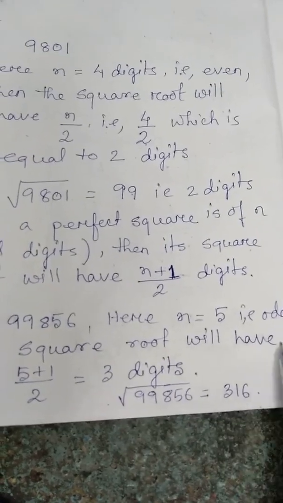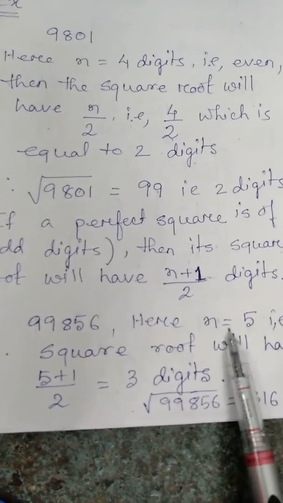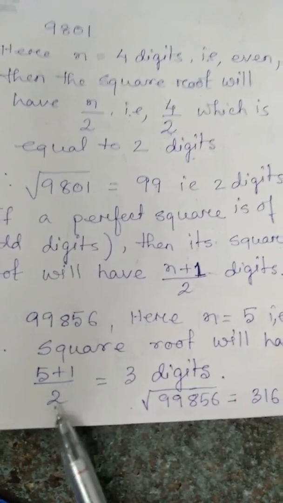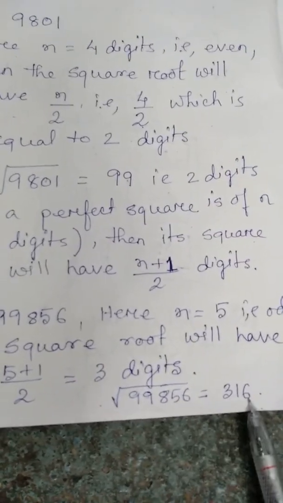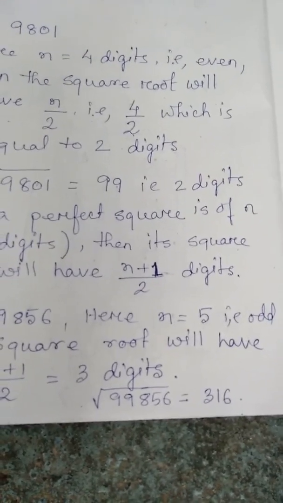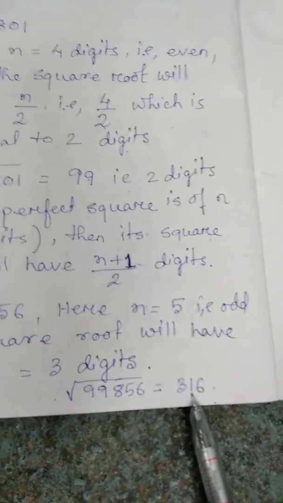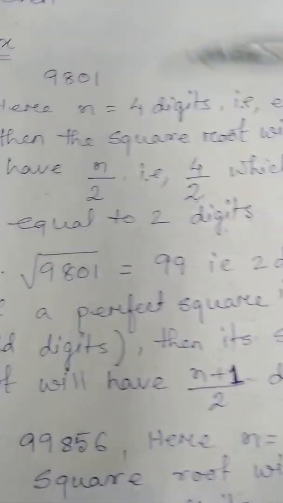The square root will have 5 plus 1 divided by 2, that is 6 by 2, which is equal to 3. So there are 3 digits. If you find the square root by a long division method or by finding the prime factor, you will get the number. So without calculating, how will we tell? By applying these two formulas.